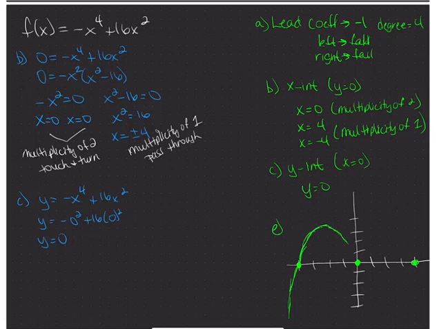And when we turn, we're going to come to where X equals 0. But what are we going to do at 0 with the multiplicity of 2? We're going to touch it and we're going to turn and go away, right? Then we're going to go up. And then we got to come down somewhere in order to go through 4, and 4 is multiplicity of 1, so we're going to go through it. So we got some arrows on our ends, right?